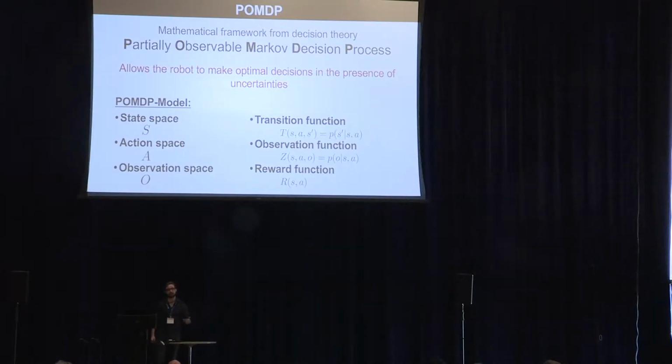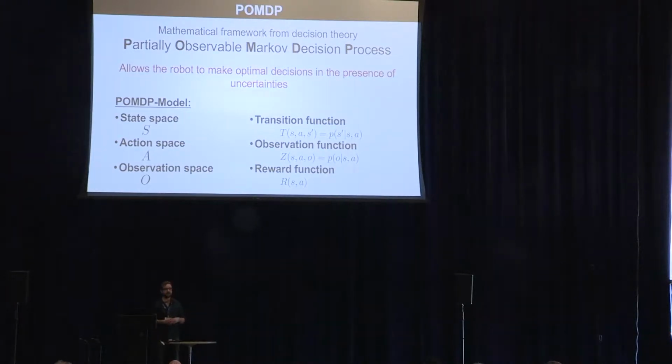Then we have a transition and observation function, which model the uncertainty in the effect of executing actions and perceiving observations as conditional probability functions. And last but not least, we have a reward function, which is essentially our objective function that we're trying to maximize.